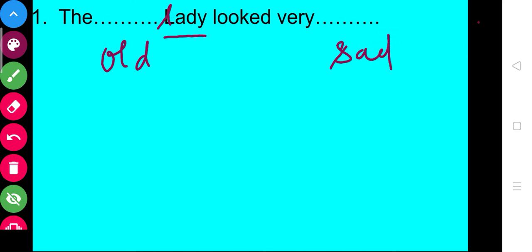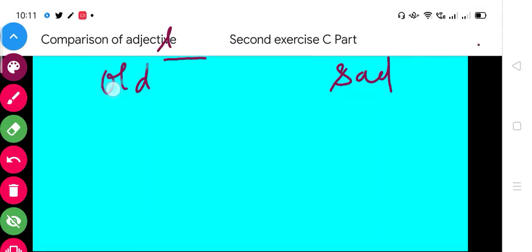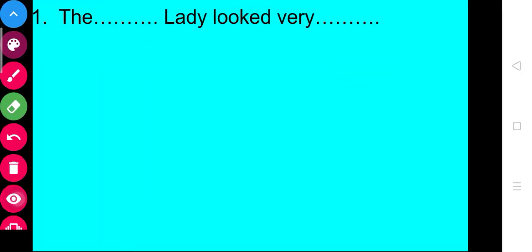The other answer for the same one can be the young lady.